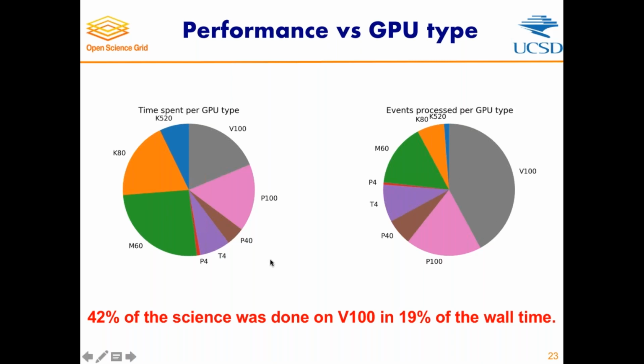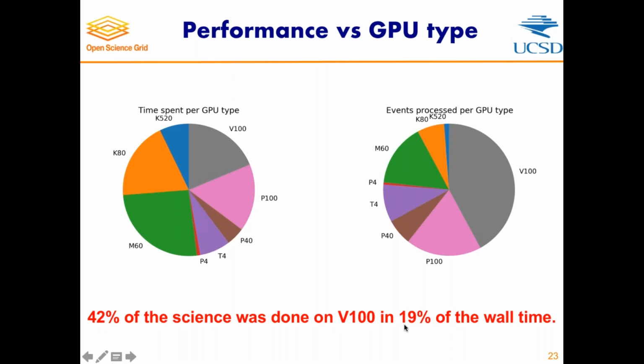And the obvious thing that you see is, while we spend a lot of money and time on K80s, those K80s contributed very little to the total science produced. In contrast, 42% of the science was done on the V100 in 19% of the wall time.